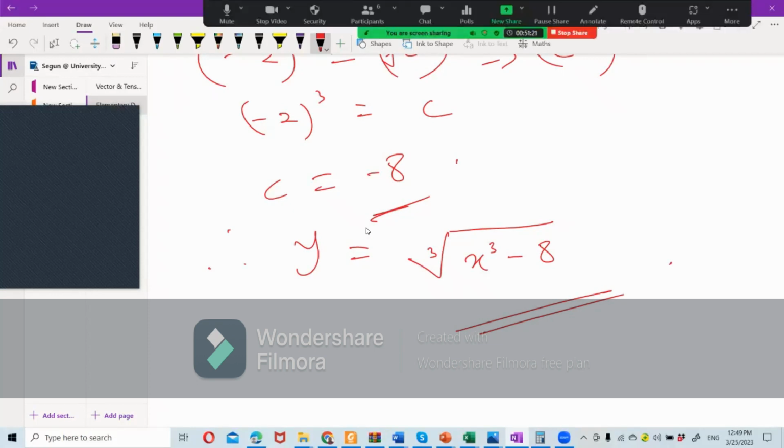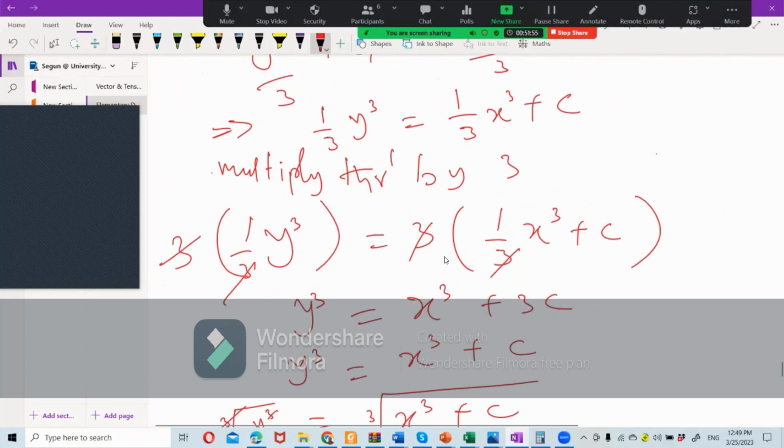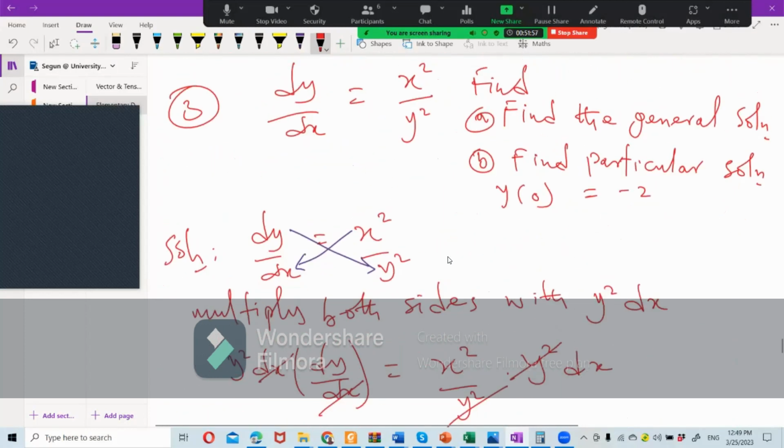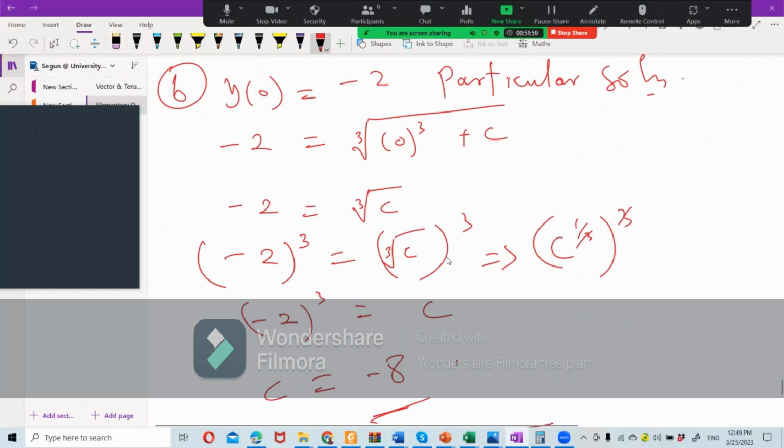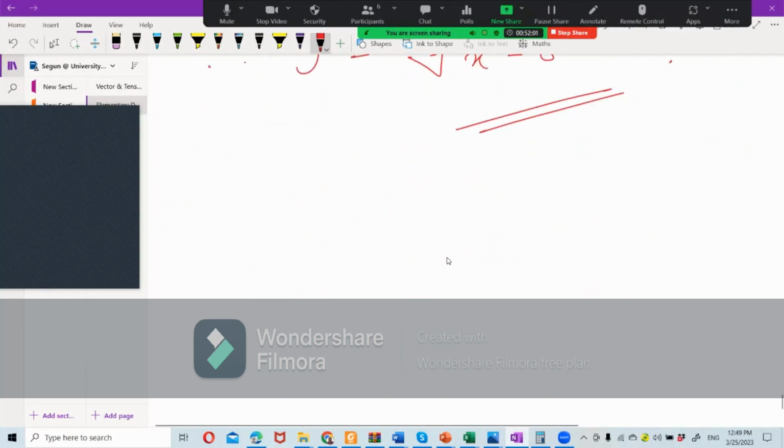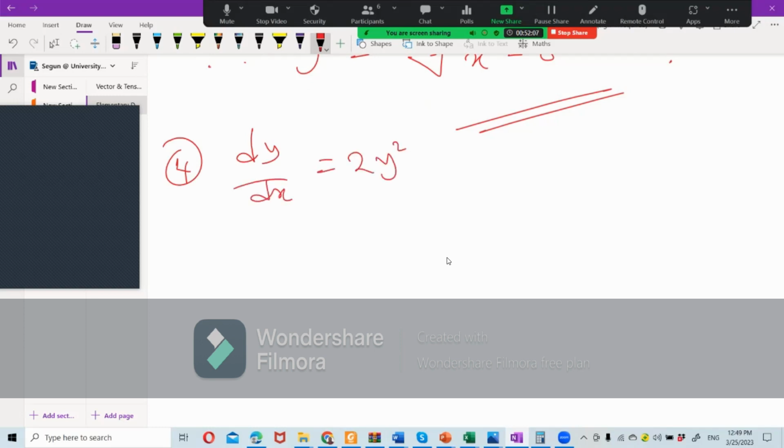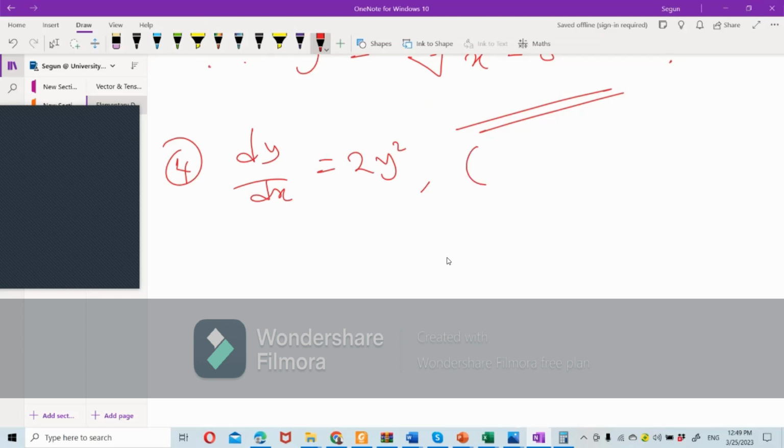So let's look at this question. This is question 3. Let's look at question 4 of the same nature. Question 4 says dy/dx equals 2y squared, comma, 1 comma minus 1. Please take note, they are giving you a boundary condition.